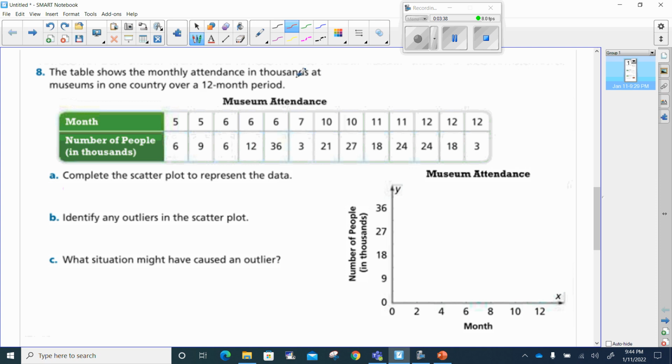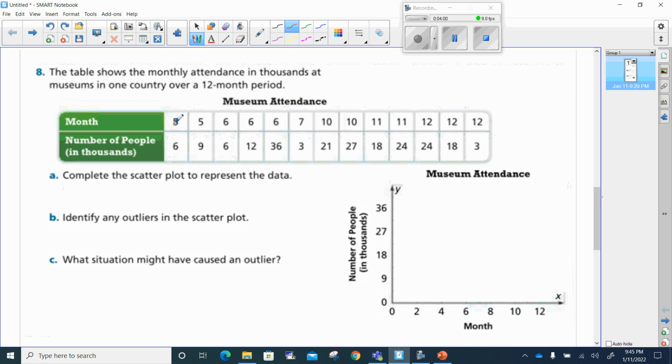And this is over a 12-month period, so basically a year. So complete the scatter plot to represent the data.